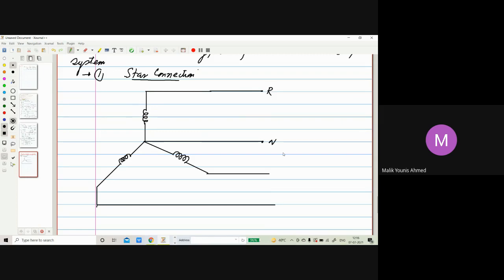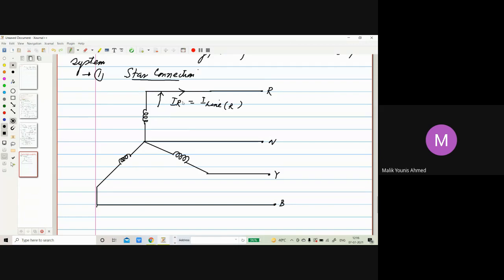ABC you can represent also. That's your choice, but preferable is R Y B. Three lines are there. So this is the current in the R line, so that will be I line. That means line current is there in phase R.